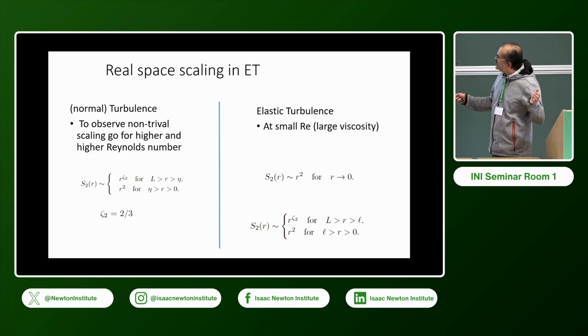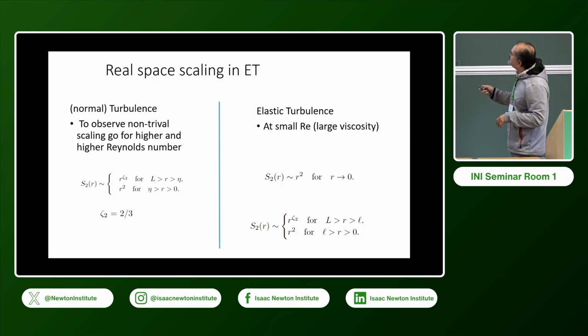So at very short distances, it must go as r squared. And at somewhat larger distances, it goes as r to the power zeta 2, which is the non-trivial exponent. And there is a scale when one transits to the other, which is the Kolmogorov scale. Okay, that's standard. And this zeta 2 is 2 by 3.